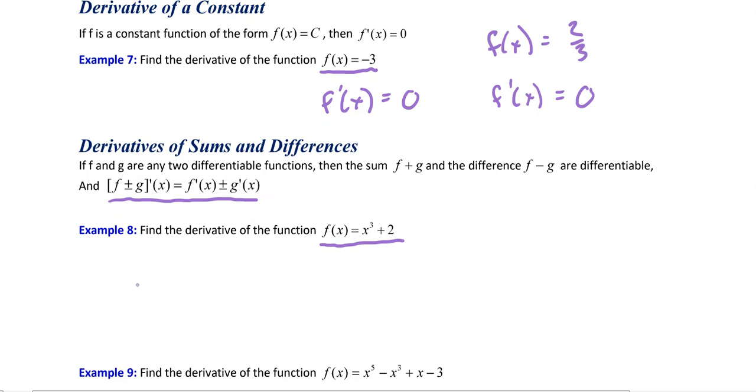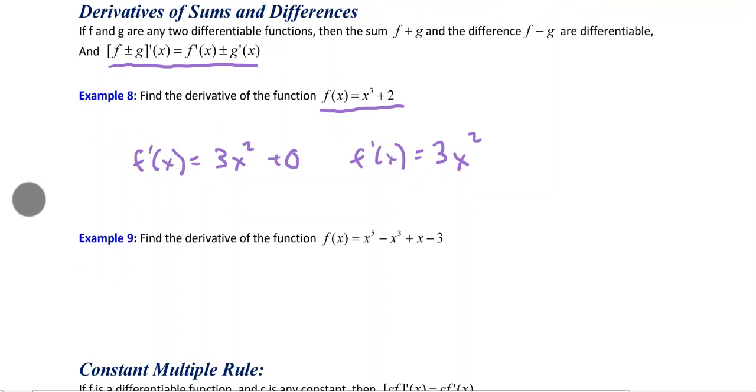So as an example, the derivative of the first term, x cubed, would be 3x squared. The derivative of the second term, it's a constant, would be 0. And of course, we're not going to write the 0. I would simply write that as just 3x squared.